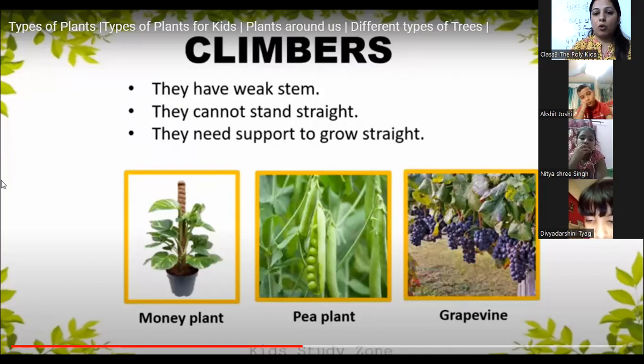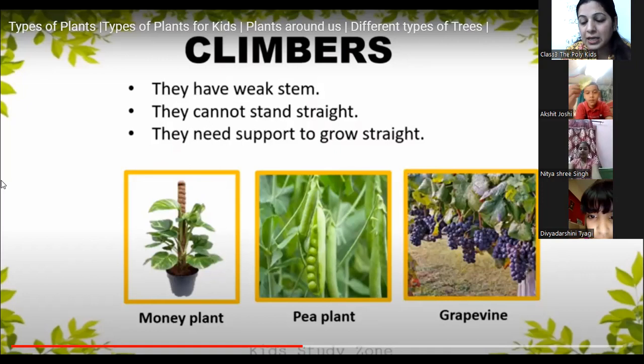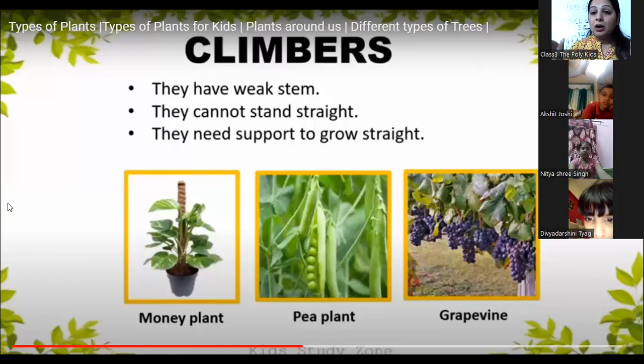You have to give them support. Any stick, any plant, or if you grow a money plant near your window, it will take the help of that window and it will grow. They need help because their stems are very weak. Just like money plant, just like peas. Peas is your mutter. Just like grapevine, grapes, they need proper support to grow.